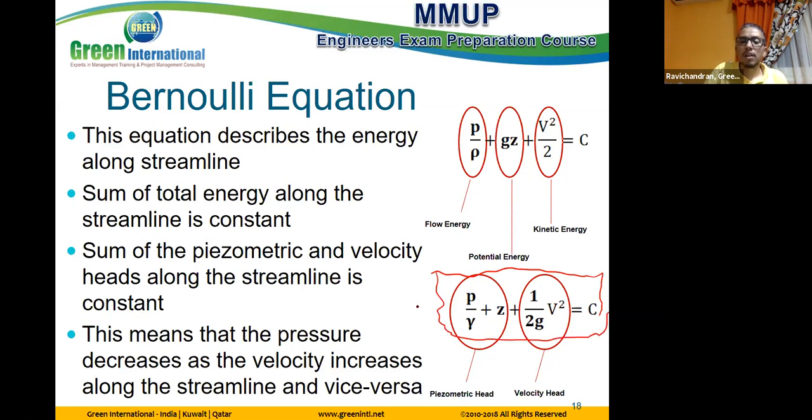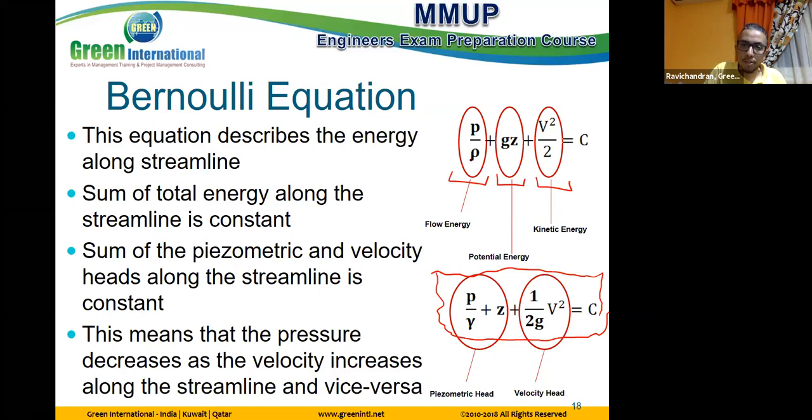Head form means the unit for each term should be a unit of head, a unit of length, correct? This term, P over rho, is described by H, so it should be divided by gamma to describe H. We divide the whole equation by g.